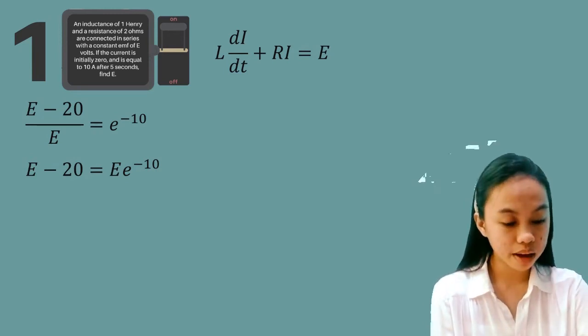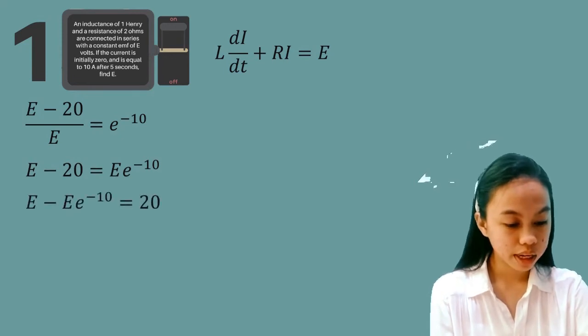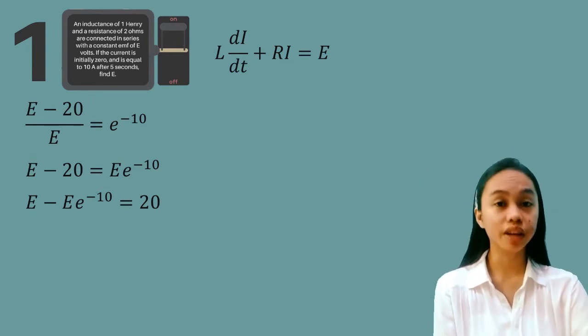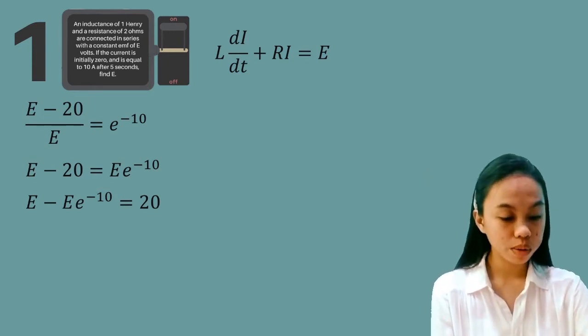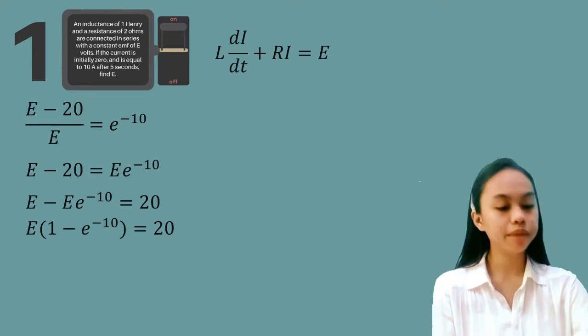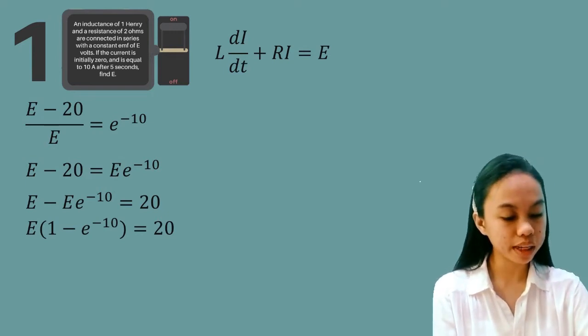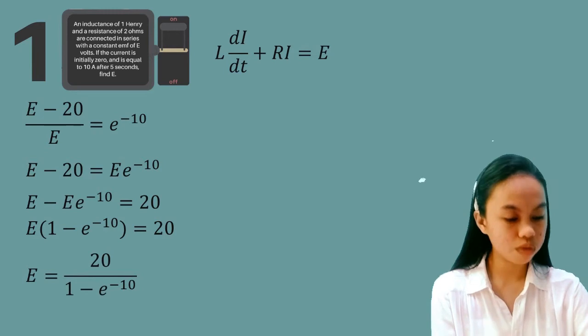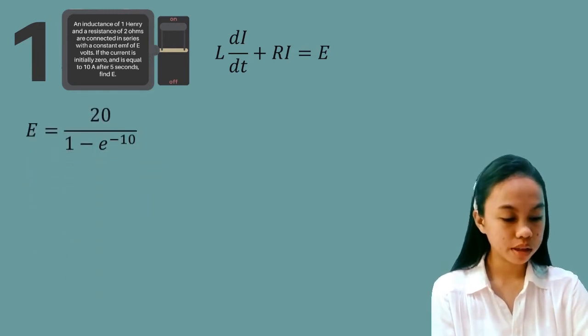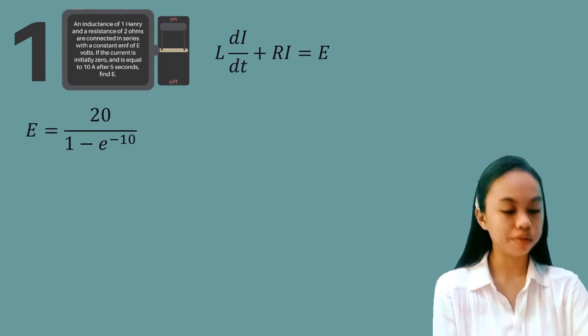So we will have e minus e times e raised to the power of negative 10 equals 20. So isolating big letter e, or the voltage source, we will be having e times 1 minus e raised to the power of negative 10 equals 20. So we have e equals 20 over, or divided by 1 minus e raised to the power of negative 10.